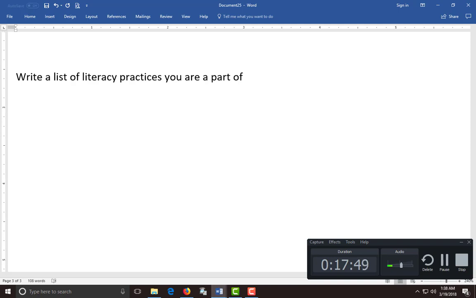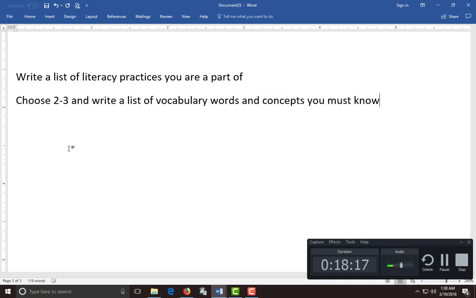There might be other things that you're a part of. Make a list of literacy practices you're a part of. Then choose two or three and write a list of vocabulary words and concepts you must know to participate.